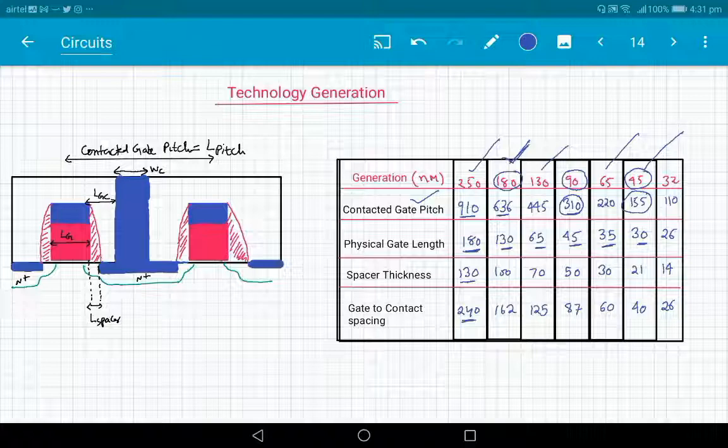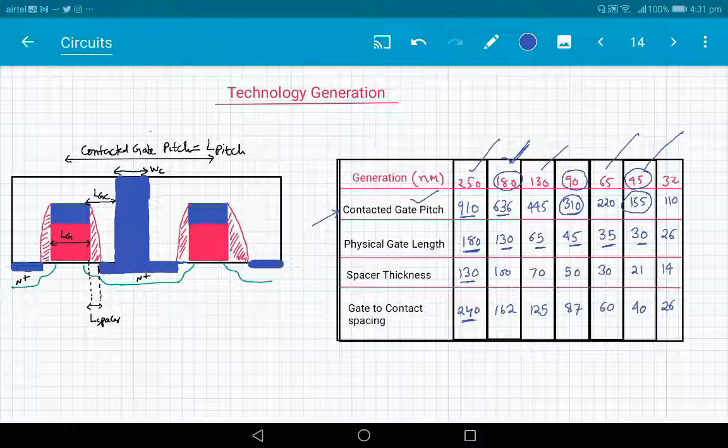And the other point to remember is that one of the important parameters that determines the density of circuits, density of transistors, number of transistors per millimeter square and things like that, depends on a very important parameter called contacted gate pitch, which is the separation between the center of one gate, one NMOS gate, let's say, and the other NMOS gate here, right?